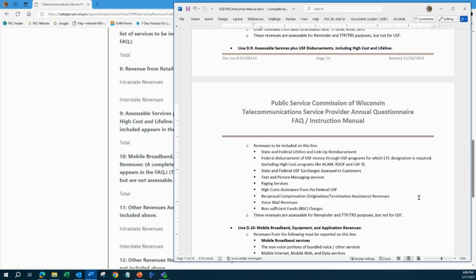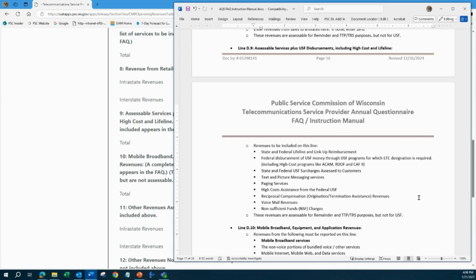So if you're participating in the Lifeline and Link Up programs and you're reimbursed by either the state or the feds, the total of that amount is entered on this line. Likewise, if you're receiving high cost assistance, if you're a participant in ACAM or receiving ACAM payments or RDOF payments, those would also be reported here.